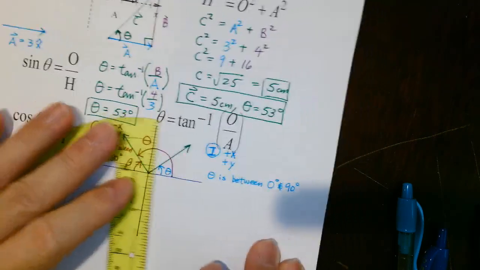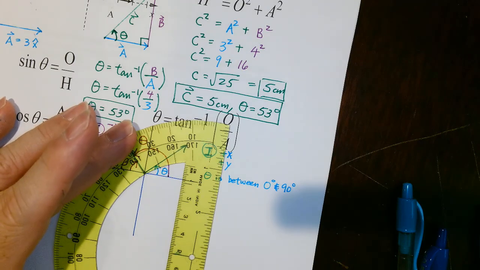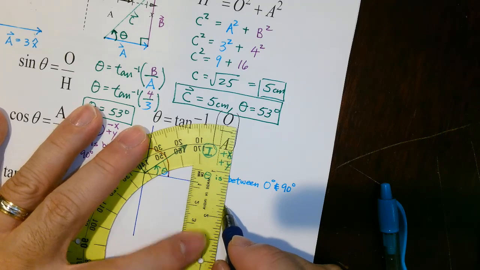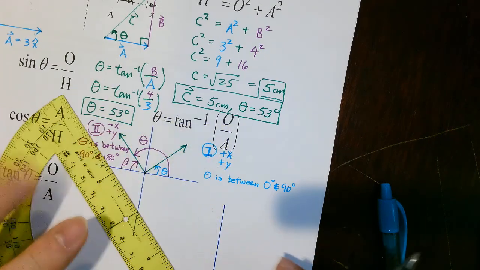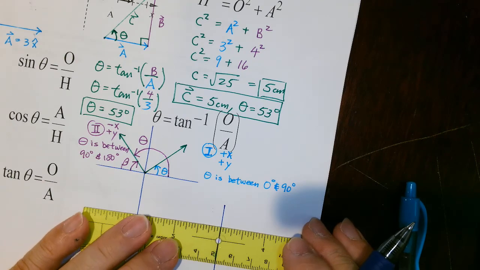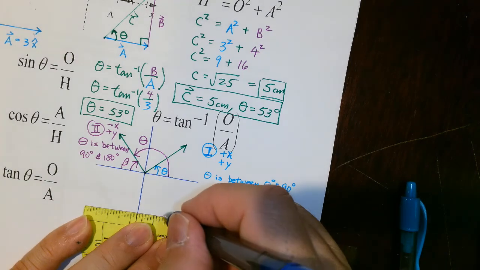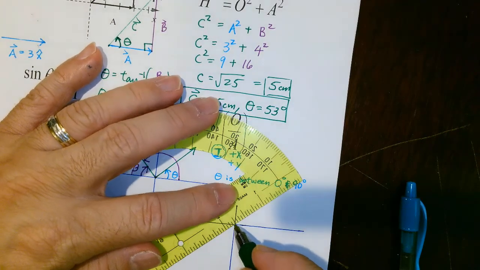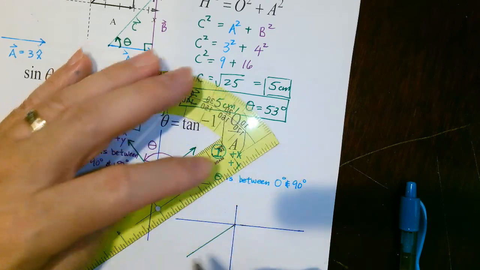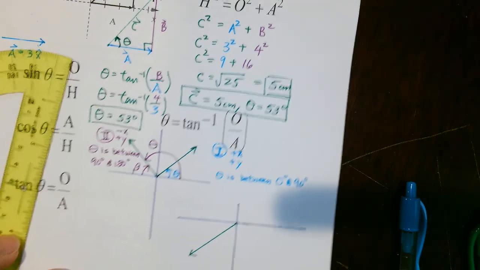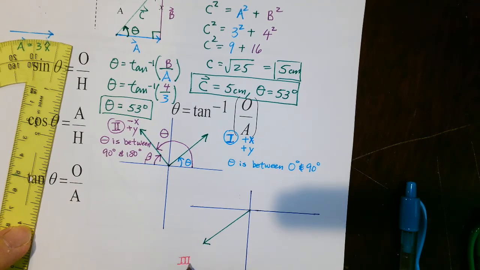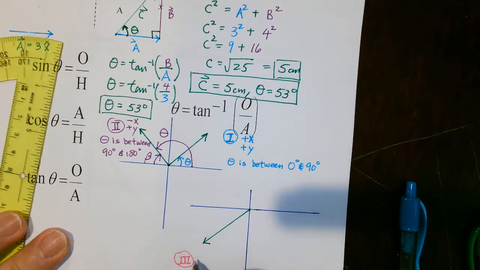And then I should draw another one because this is going to get messy if I keep drawing everything on one axis. So let's say I have a resultant vector in the third quadrant right here. In the third quadrant, I have negative x and negative y.